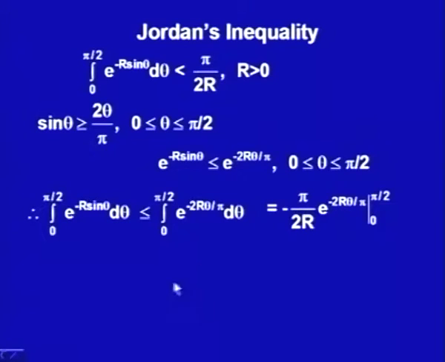So, what I would get is minus pi upon 2 r into 1 minus e to the power minus r, and this minus sign will not be here. So this is pi upon 2 r times 1 minus e to the power minus r.